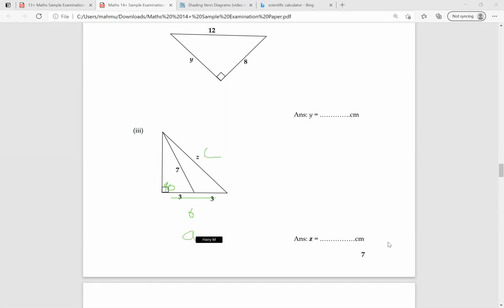This is A. So find B. This is B. Yes, so find B first.